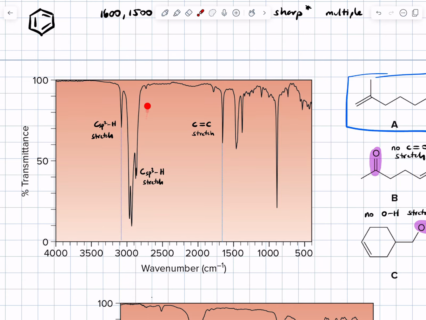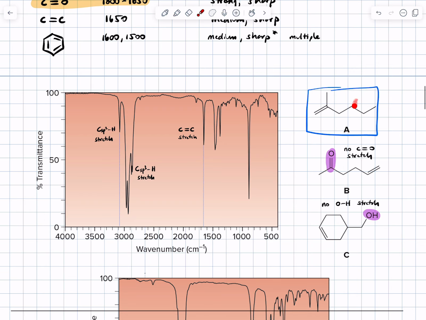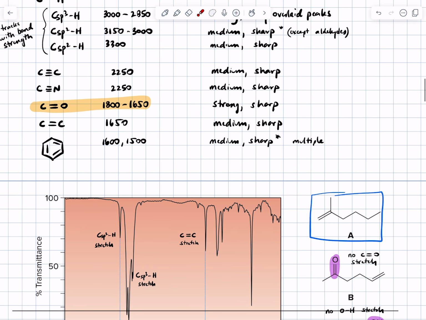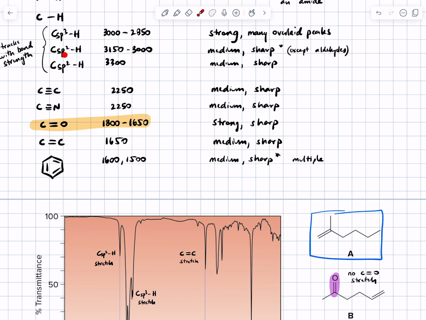All right? So that peak is there, it's interesting, but it doesn't help you distinguish between these three molecules. There's another peak that's present which you could analyze if you wanted to. I would tend to ignore it, but this peak is consistent, if you go back and look at the table, with an sp2 hybridized carbon-hydrogen bond stretch.